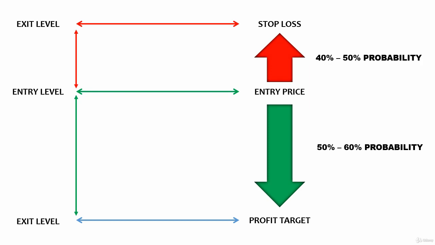The probability of price forming lower lows and lower highs during a downtrend is about 50 to 60%. On the other hand, the probability of price moving up to form higher highs and higher lows during a downtrend is only 40 to 50%. And as a result of this, when the market is in a downtrend, we're going to have a higher probability of winning when we take short trades since price is much more likely to keep moving lower.